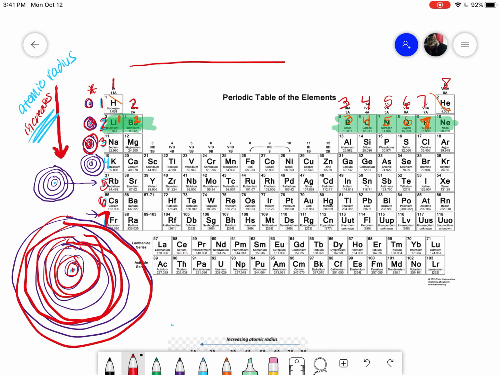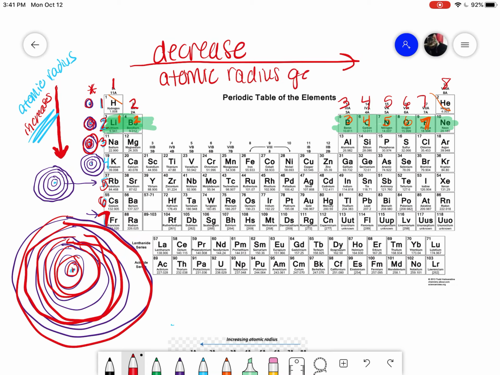So it decreases. So atomic radius gets smaller when you go from left to right, and that's because we are adding on electrons.